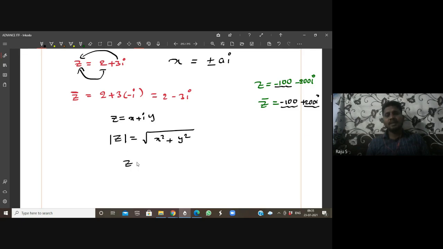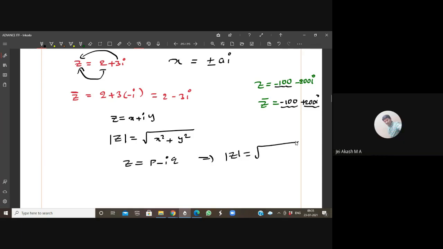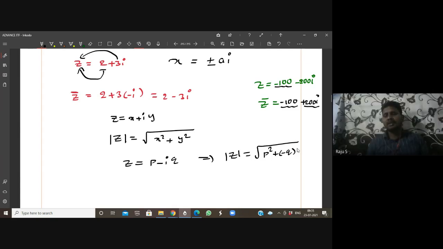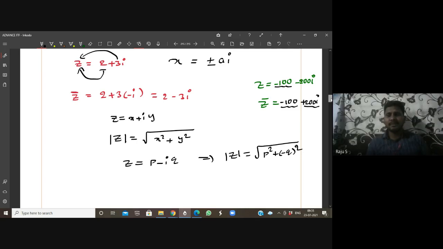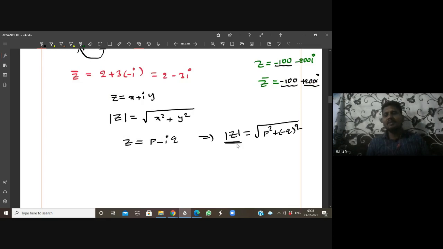In case z is equal to p minus iota q, what is the modulus of z? p square plus q square. Minus q squared, minus q in the sense, we will get plus q square only. Am I right? Yes, sir. Because minus becomes plus, no? So the modulus is always positive. That's the reason this is the modulus of z.